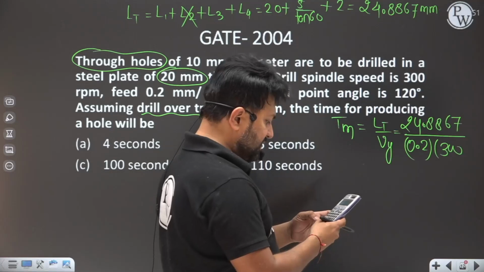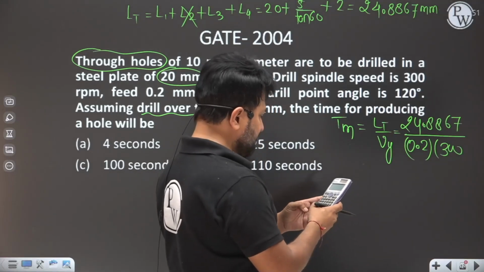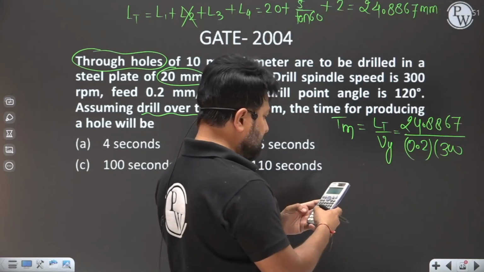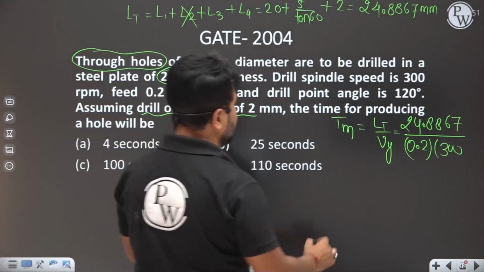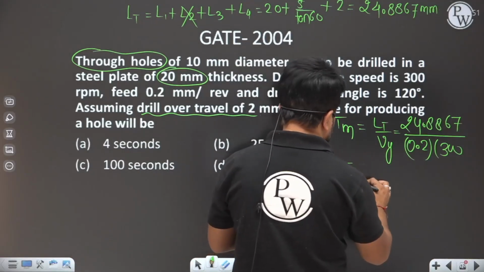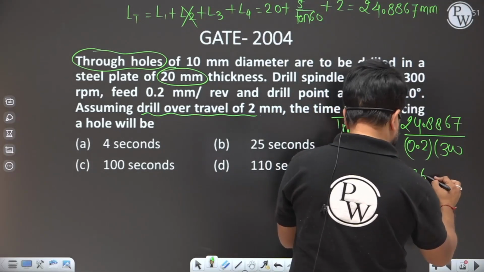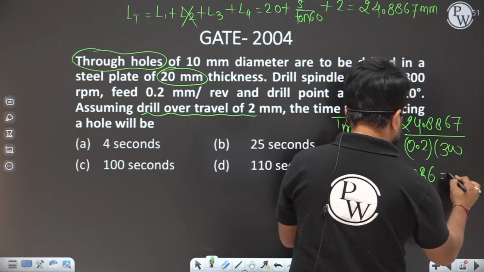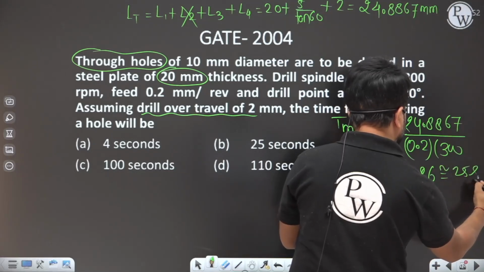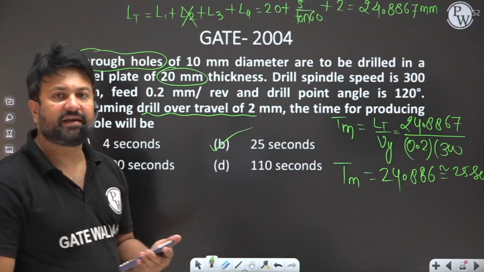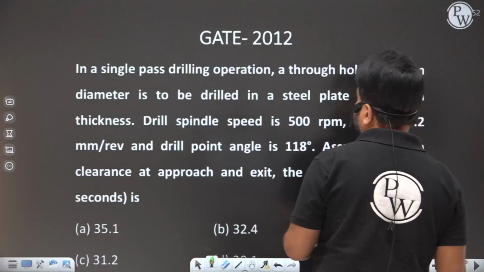So answer divided by 0.2 into 300, into 60. The machining time is coming 24.8688, so approximately 25 seconds. B is the correct answer.